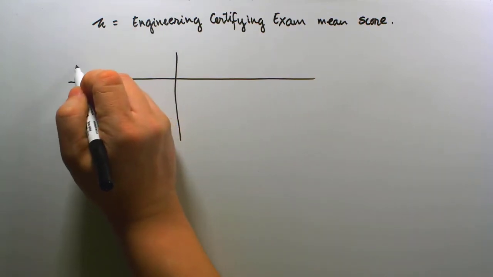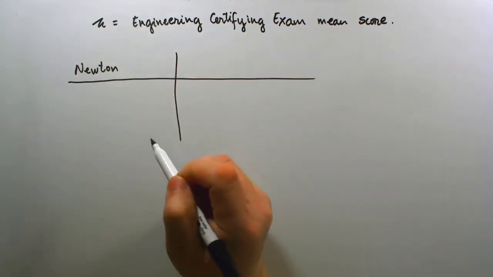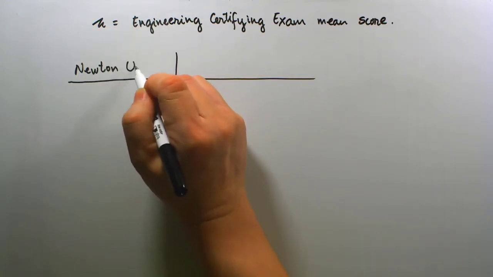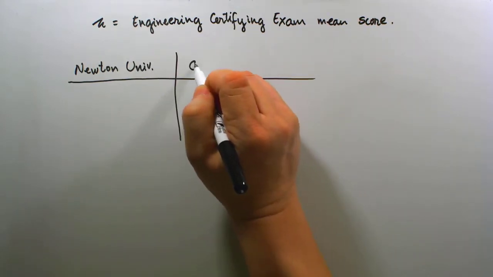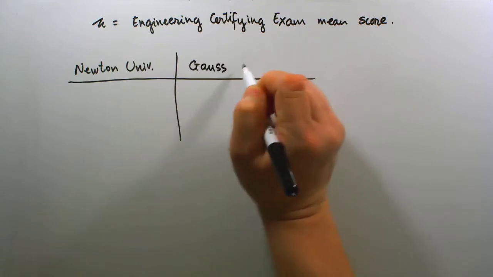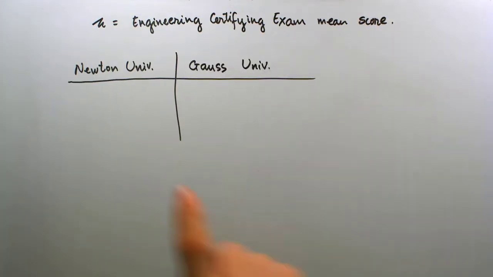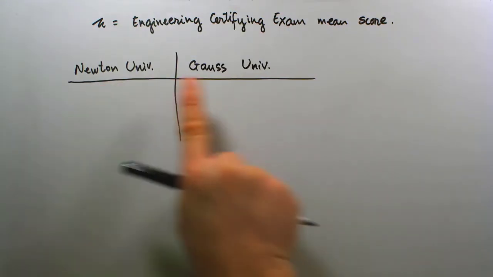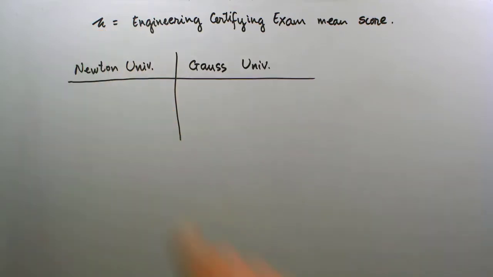Newton University is one of them, and Gauss University is the other. So clearly there are two populations that we would like to compare the respective mean values for.